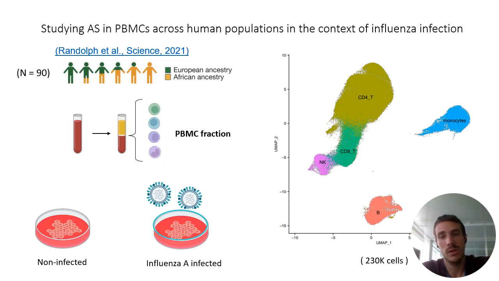This leads to a total number of 230,000 cells, for which we consider the 5 major cell types, and given the results of our benchmark, we decide to pseudobulk the profiles per donor per cell type in order to have more power in isoform detection.